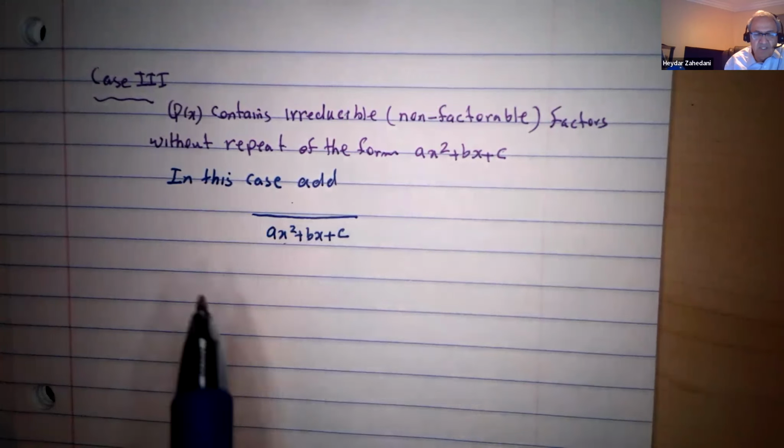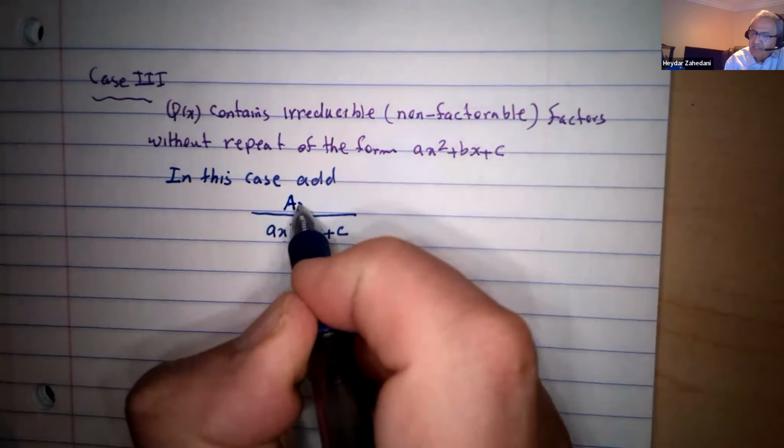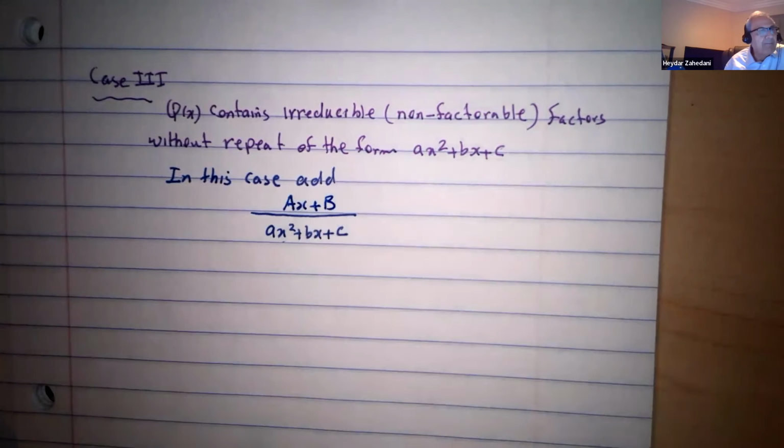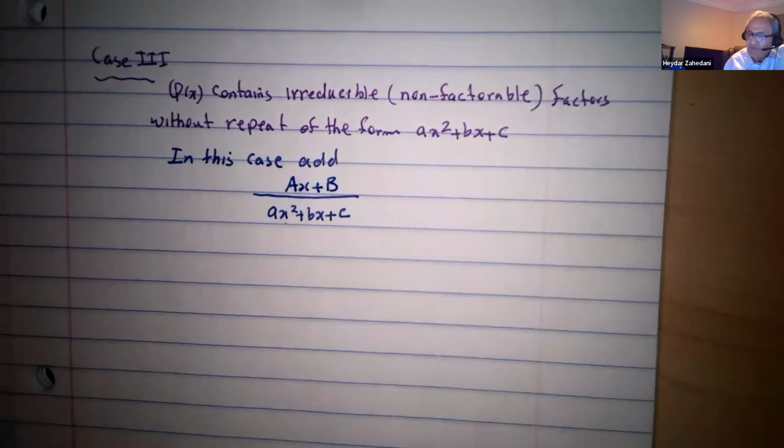Polynomial of the first degree is going to be this form, ax plus b. Now we call it a1, b1 for those cases.